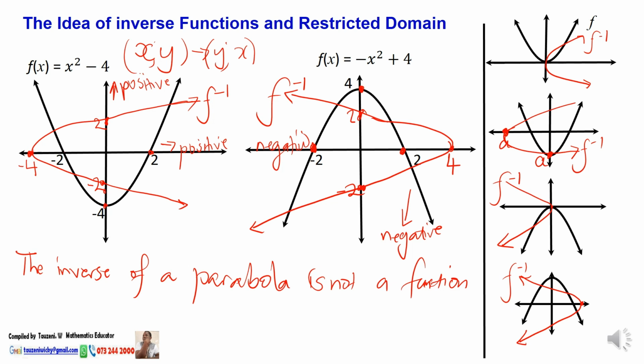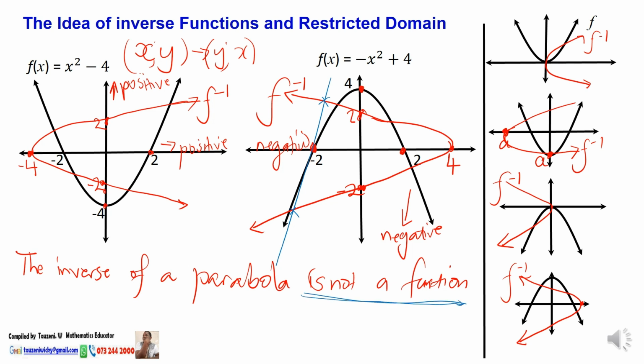Remember, if you draw a vertical line across a graph and the line is crossing the graph 2 times, it follows that the graph is not a function. So therefore, the inverse of a parabola is not a function.